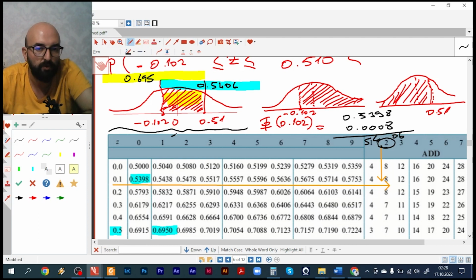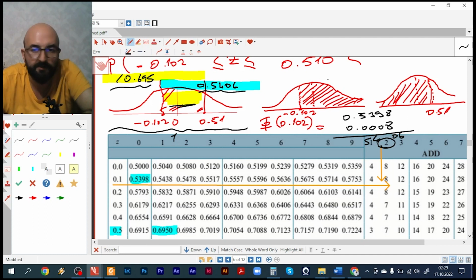Please remember that the area under the normal distribution curve equals 1, and if you figure out the sum of this value and this value, and minus 1, you can find the area between these points.